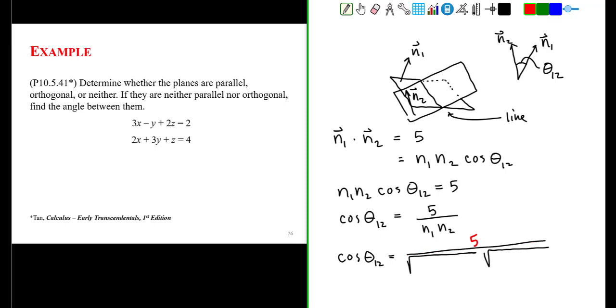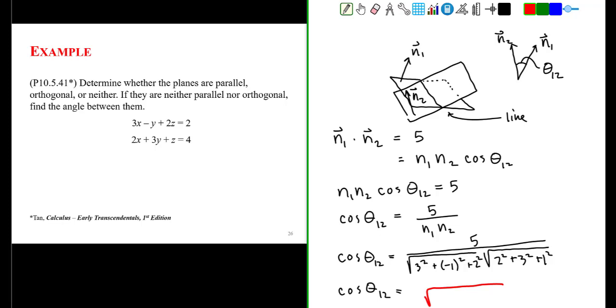For the magnitude of the first normal vector, we have 3 squared plus minus 1 squared plus 2 squared. The magnitude of the second normal vector is 2 squared plus 3 squared plus 1 squared. This means that the cosine of the angle between those two planes is given as the square root.